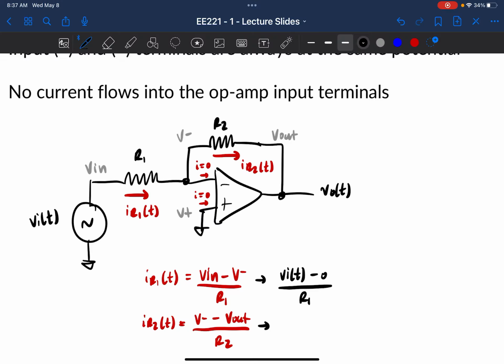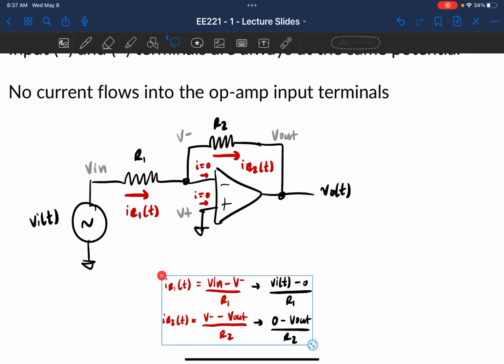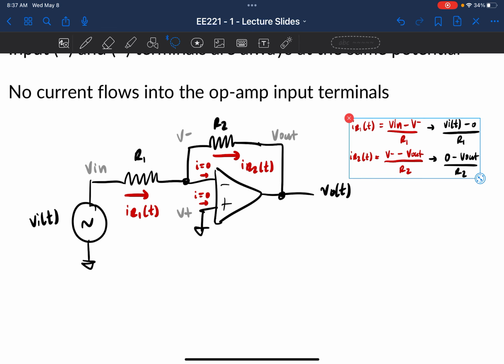We know V minus again is 0, so it's just going to be 0 minus V out divided by R2. So we have our two equations. Let me grab those and minimize them, and put them over here for now.